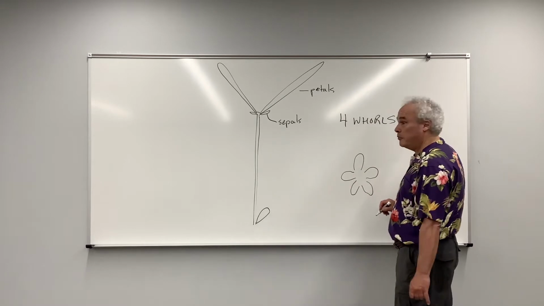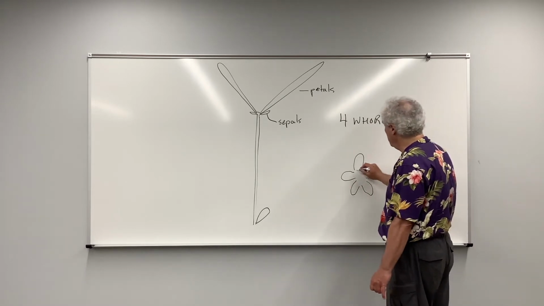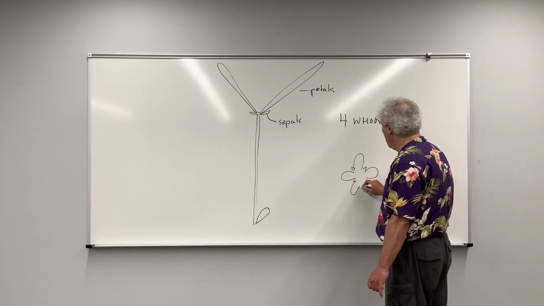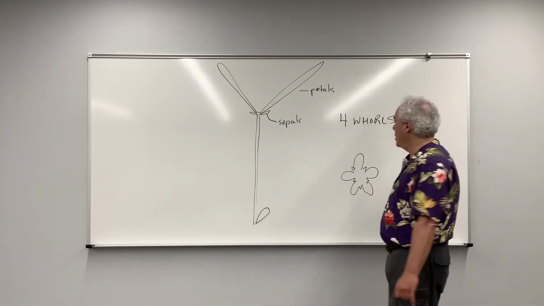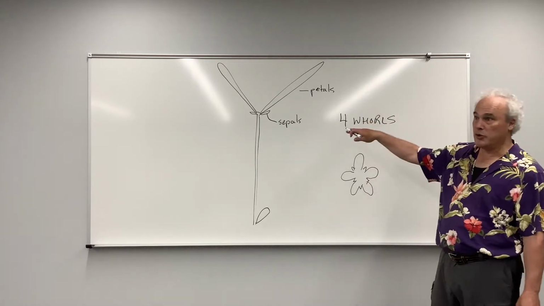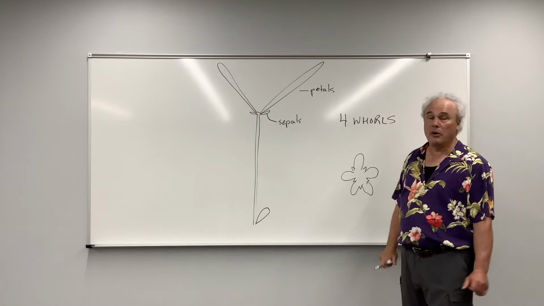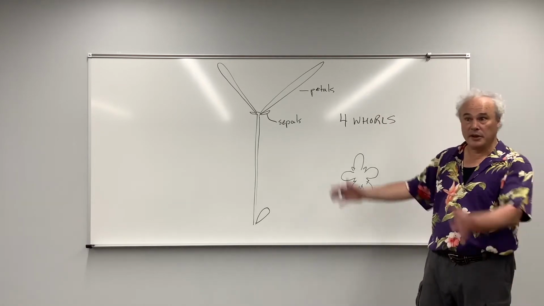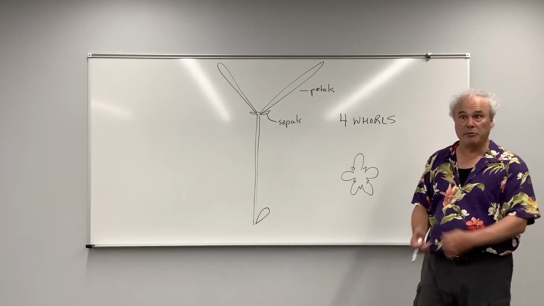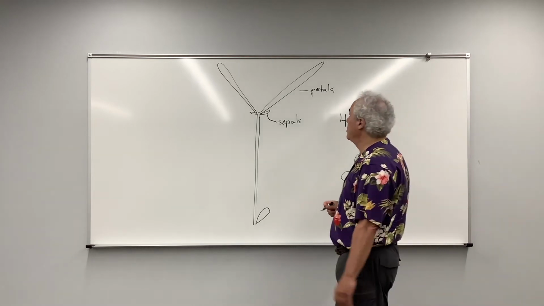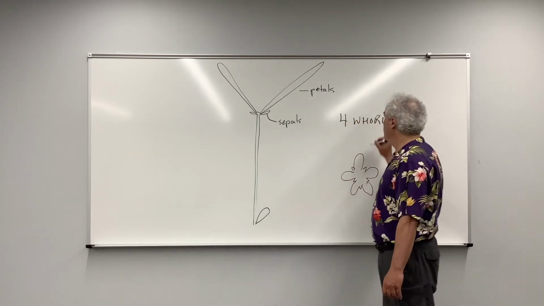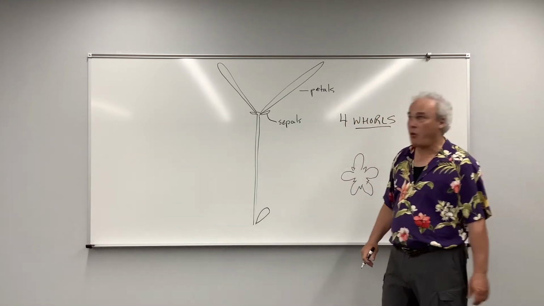There's 5 petals, a whorl of petals, and a whorl of sepals. So the sepals are the outermost whorl, the petals are the whorl interior to that, and then there are 2 more whorls, the male and the female whorls in the flower. So that's the word I'm using, whorl.